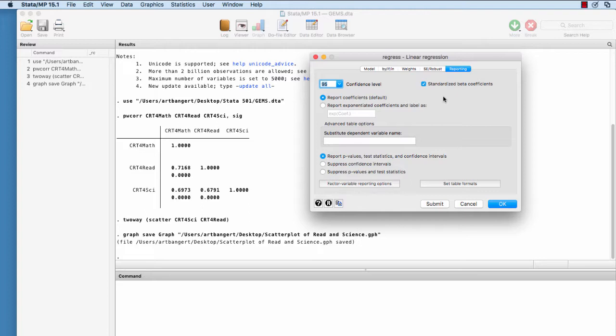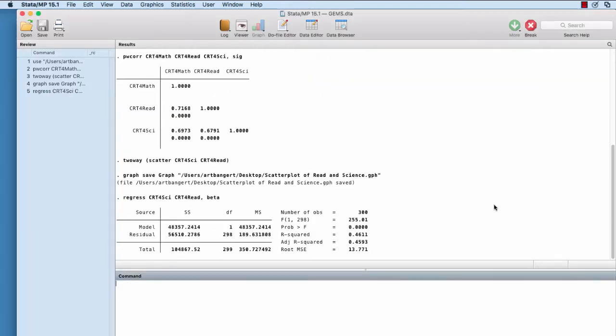But in future analysis, when you're doing multiple regression, you may have several beta coefficients that you want to compare. And when they're standardized, all the beta coefficients, regardless of the measurement scale the variable's on, is a standardized comparison. So I'm going to go OK.